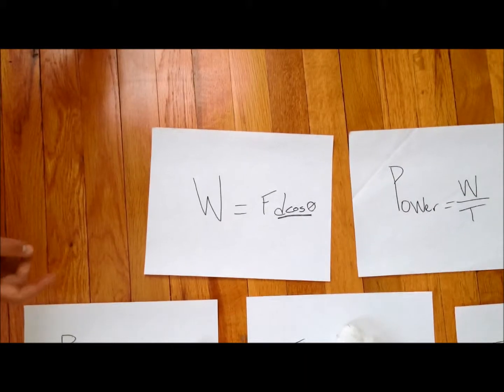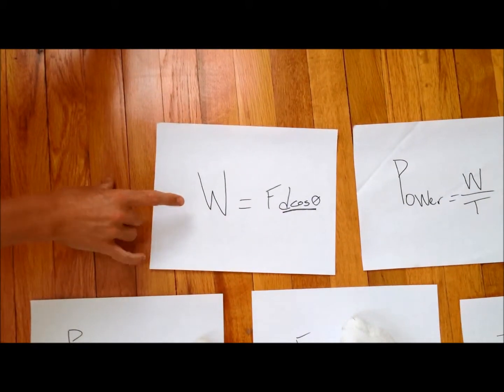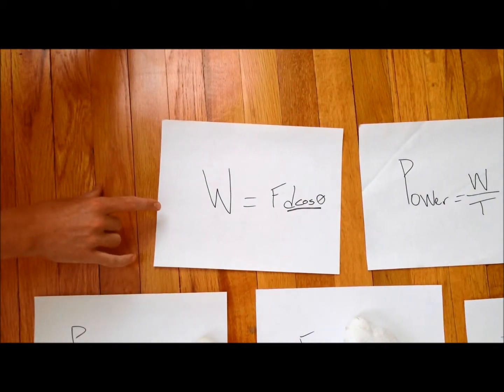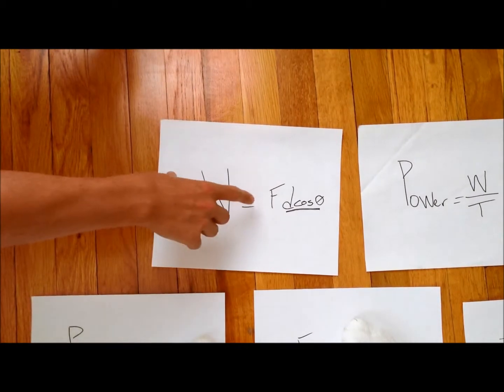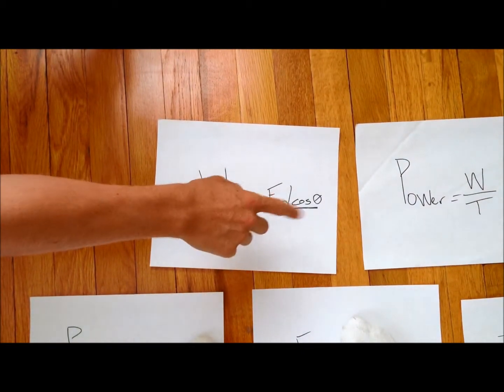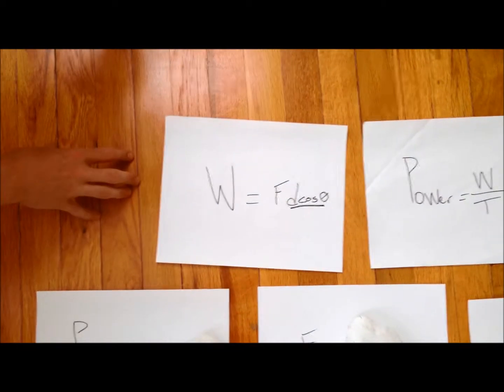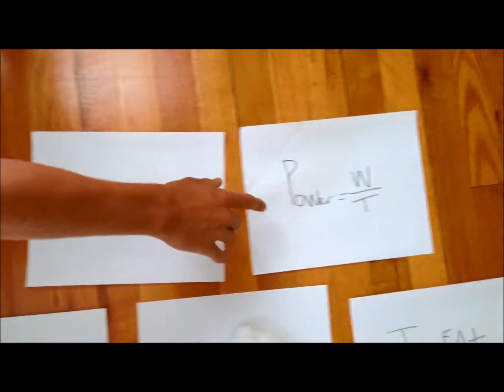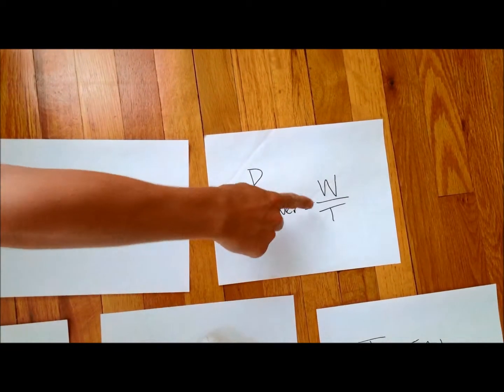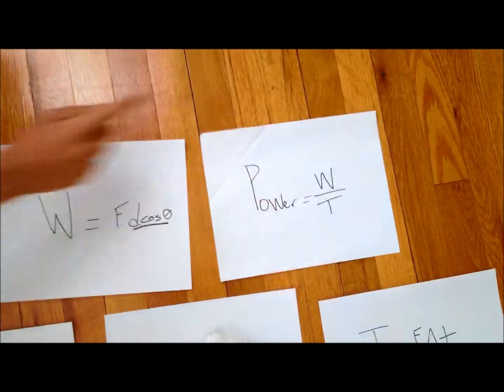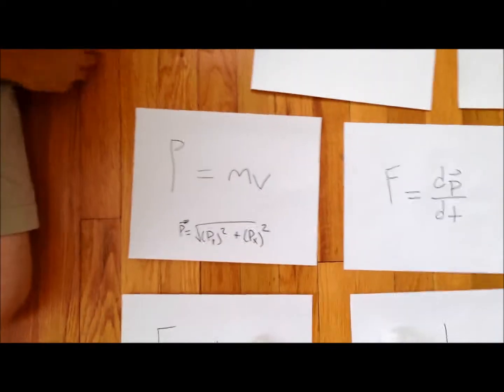So in answering our essential question, a couple equations that we used to analyze this type of motion was work equals force times the x component of the displacement, which is the displacement in which the work is being done. Power equals that same work divided by time. And then we move on.